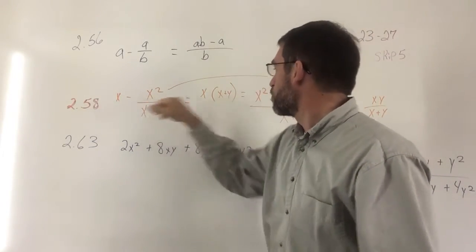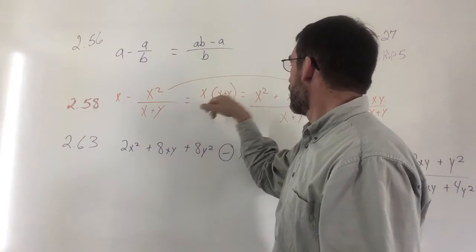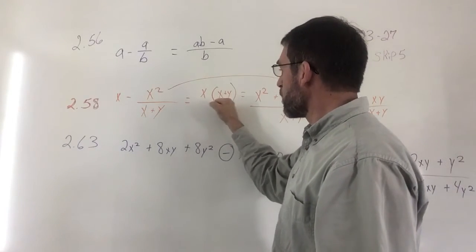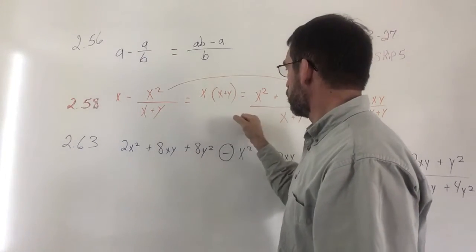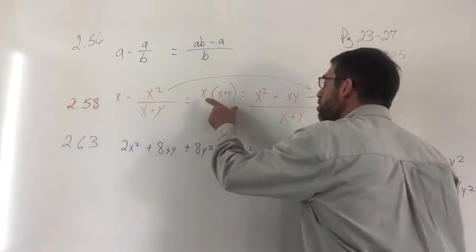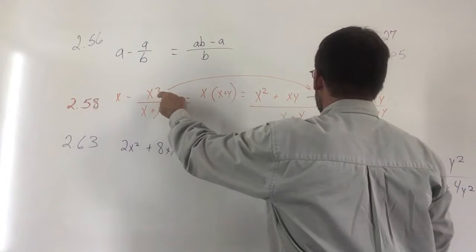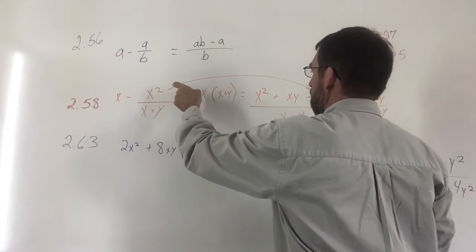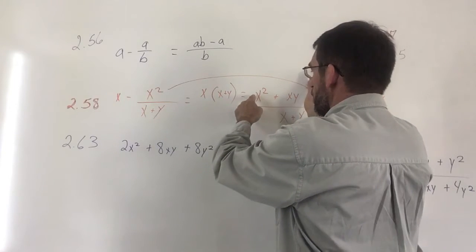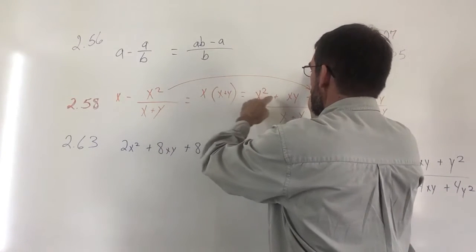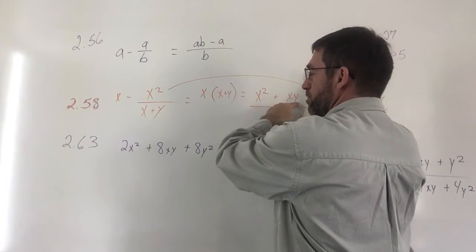I went x plus y, over here to x plus y. From this point, my bottom term was still going to be x plus y. So I multiplied this times this, and I got this number right here. I got 2x plus xy.